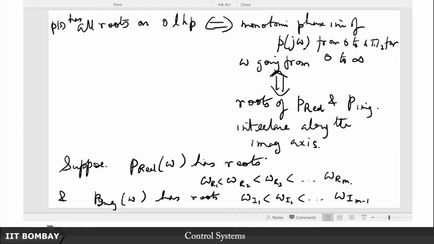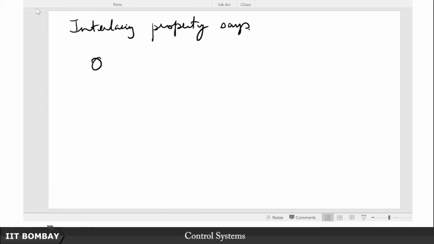Of course, the first root is 0, since the imaginary part being 0 means it is purely real.